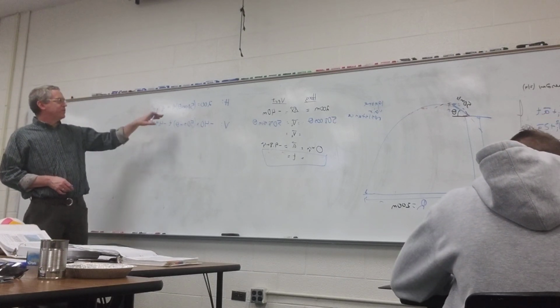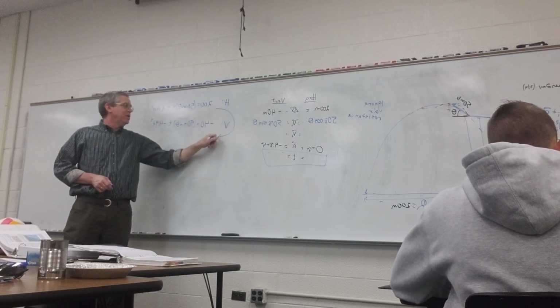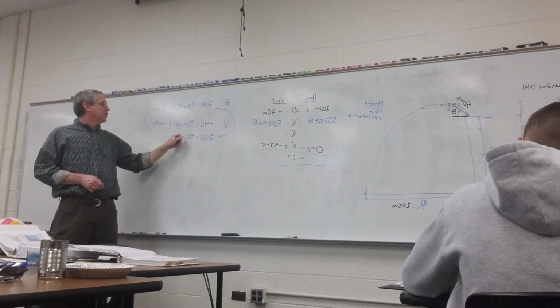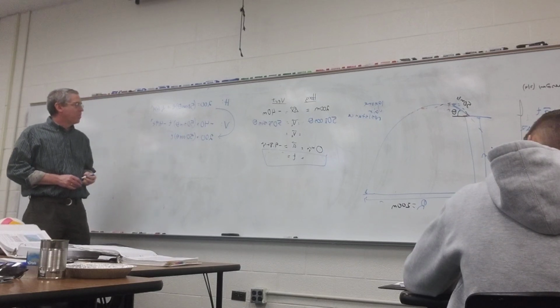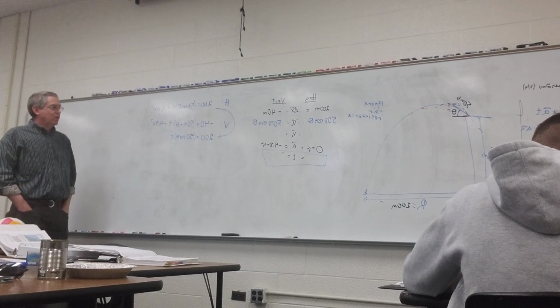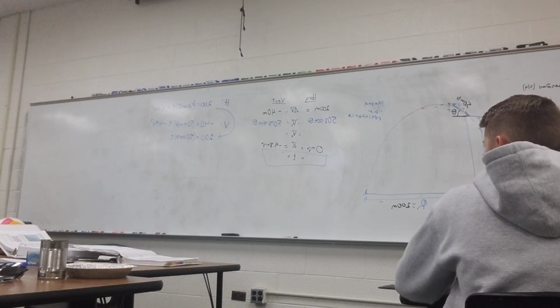I'm just going to rewrite the first equation, taking that out of it, so this becomes 200 is equal to 50 cosine of theta times time. All right, two equations, two unknowns. How do you solve it?